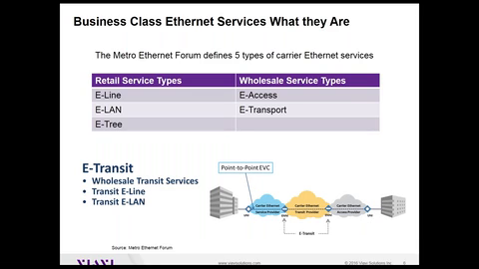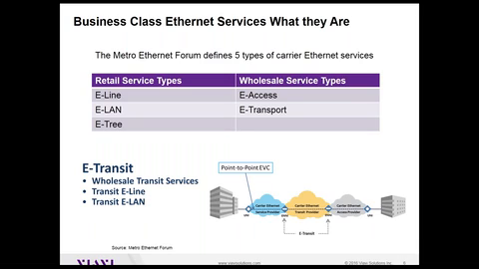And finally, one of the even more complicated scenarios, as this graphic shows, is the e-transit service. Again, it can be done with a point-to-point EVC from the end customer's perspective, but in this case the carrier Ethernet service provider on the left-hand side owns the end relationship.